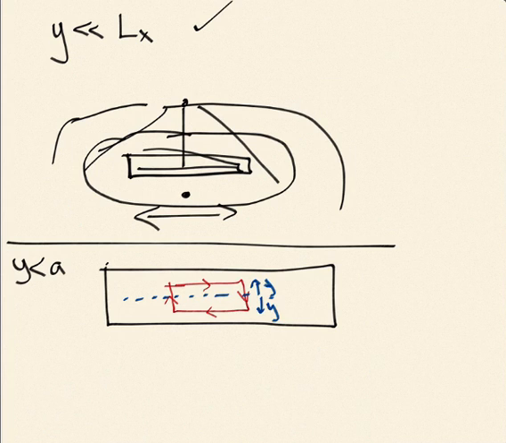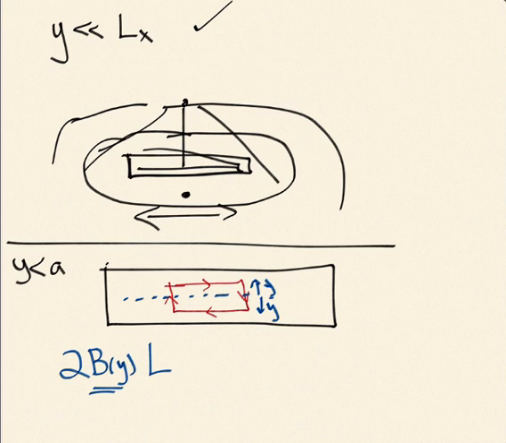And I make the exact same argument as before, that the field inside has to be symmetric. In other words, the same magnitude above and below, but reversing directions. So I'm going to assert that the integral of B dot dl is 2 times B at location y times L. Now, when I write this, I'm acknowledging that this is the magnitude of the field, and the direction is reversing.